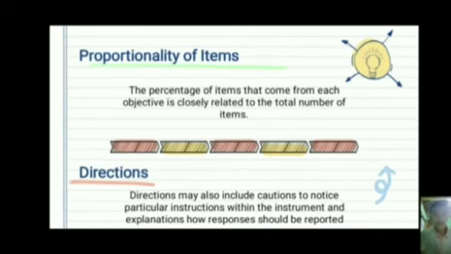Next is proportionality of items. The percentage of items that come from each objective is closely related to the total number of items. Assigning a greater proportion of items to a specific objective is one way to give attention to the more critical objectives in a unit or course. We do not recommend this practice because sampling across objectives implies that all objectives are of equal importance.